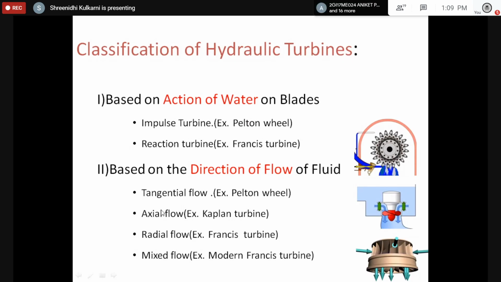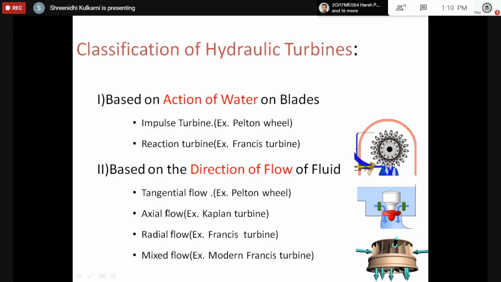Next, I will come to the axial flow. Axial flow is where the shaft is rotating horizontally or vertically, and along that axis of rotation the fluid is flowing, or simply, parallel to it.